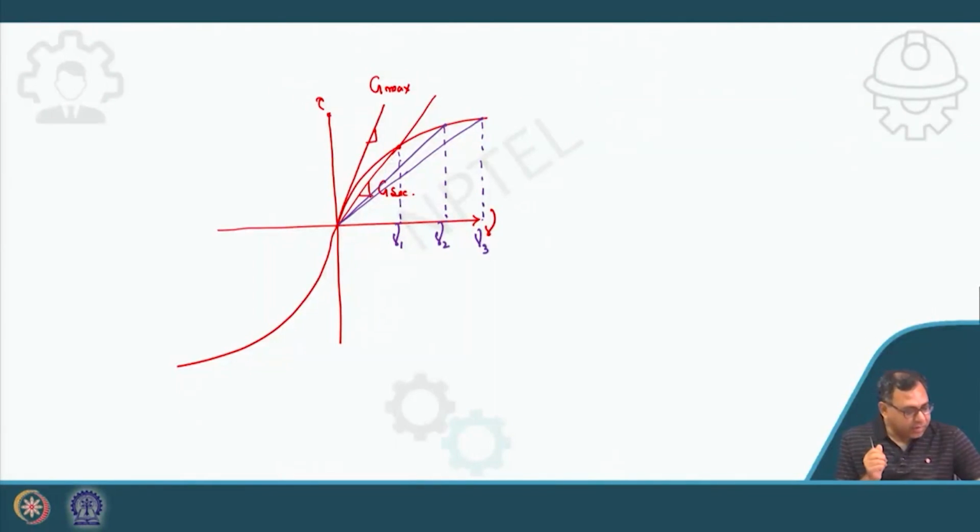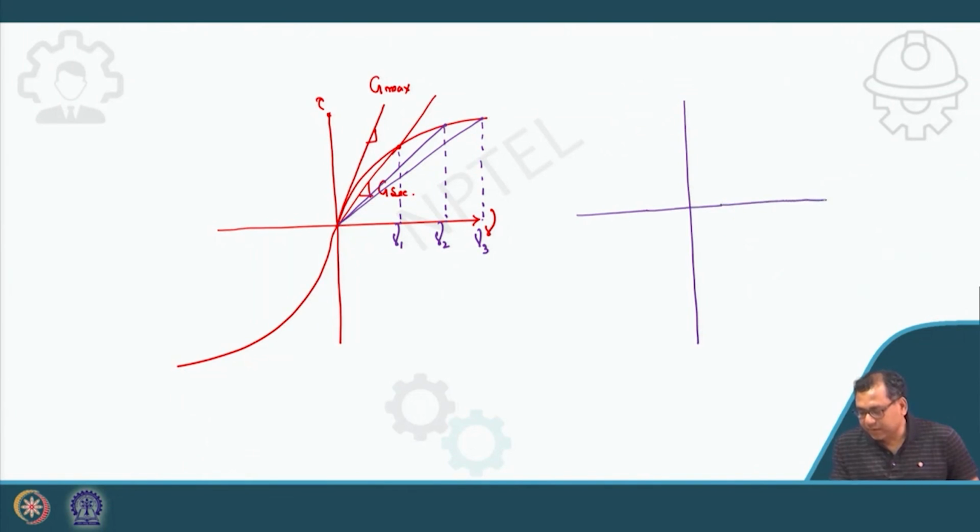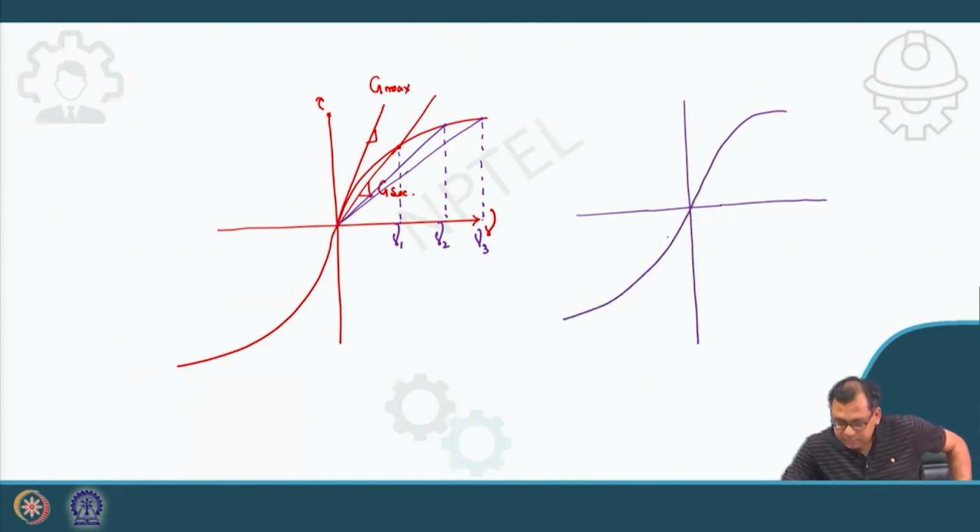Now if I draw it in a different way, another way I can represent it is this: if I draw a backbone curve, this is one hysteresis loop, this is another hysteresis loop, and this is also another hysteresis loop.